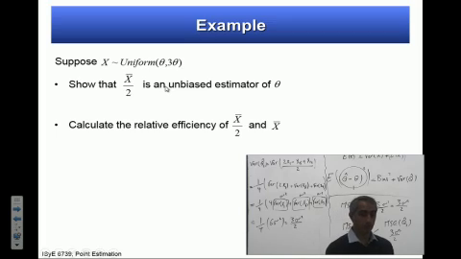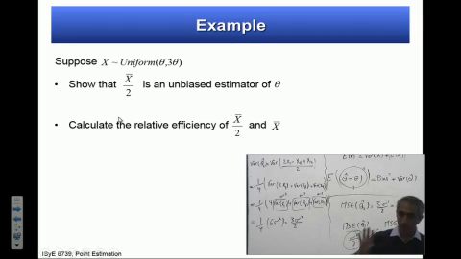That's the first step. Then try to solve these two parts. So before that, you need to find mu for the uniform and sigma squared for the uniform. Okay? Definitely it's a function of theta. That I can tell.